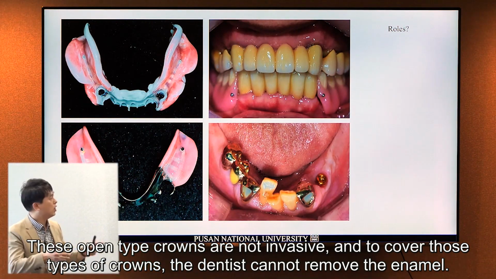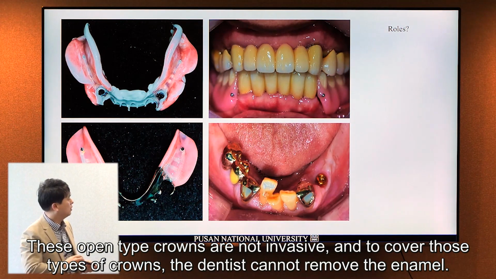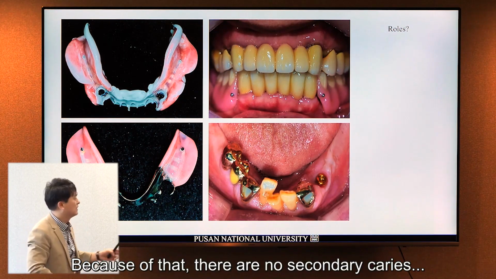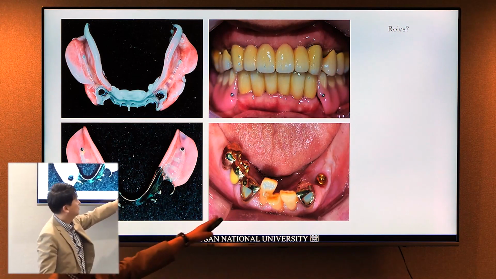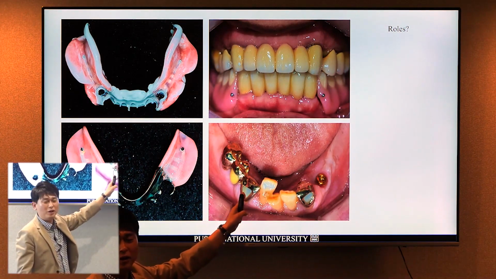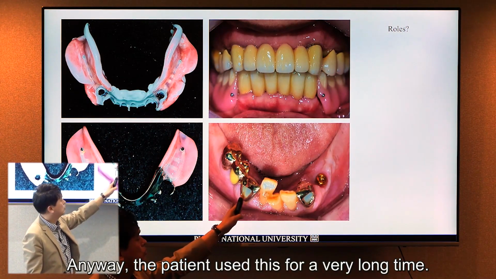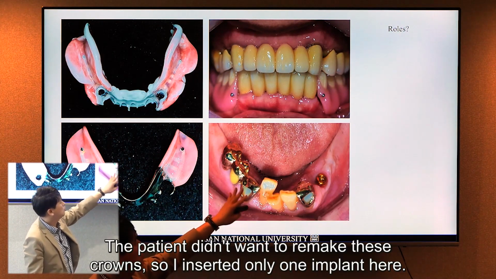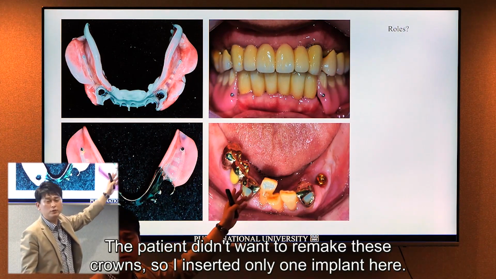To cover this kind of crown, the dentist does not have to remove the enamel. Because of that, there is no secondary caries. Anyway, the patient has used them for a long time, so the patient doesn't want to remake these crowns.